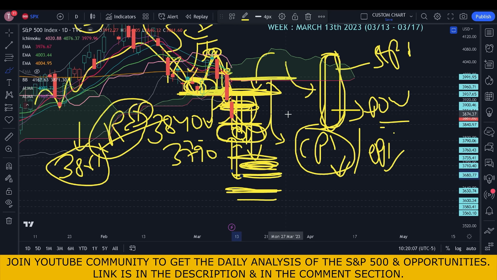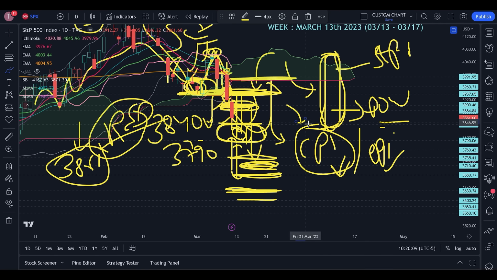Now Tuesday, it will be the CPI data, and it depends on how much it is in terms of percentage, whether it is holding, coming down, or moving up. Then the PPI data. So it depends on the CPI and the PPI data.